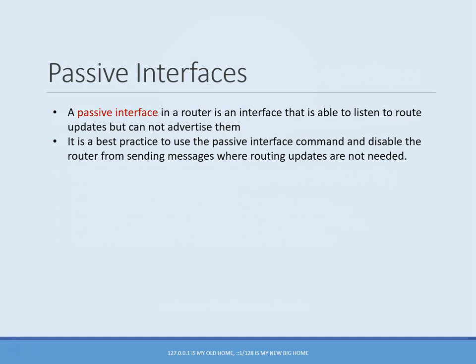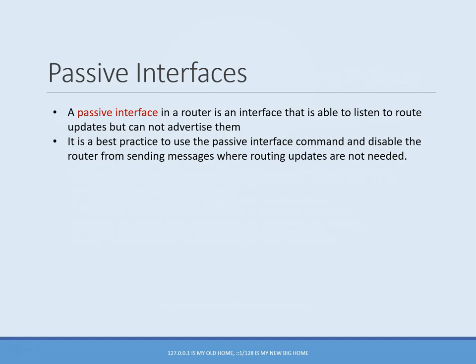A passive interface in a router is an interface that is able to listen to route updates, but it cannot advertise them, so it just receives the updates. It is best practice to use the passive interface configuration command to disable the router from sending messages where routing updates are not needed.